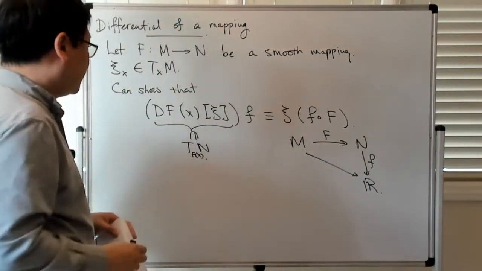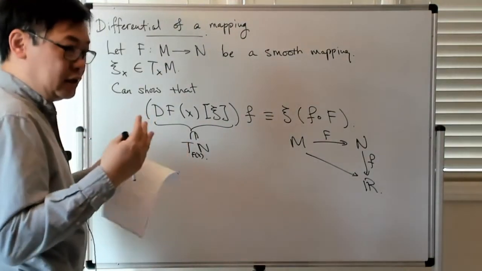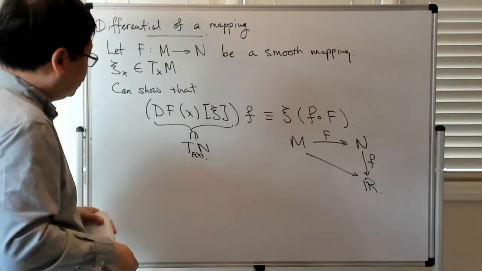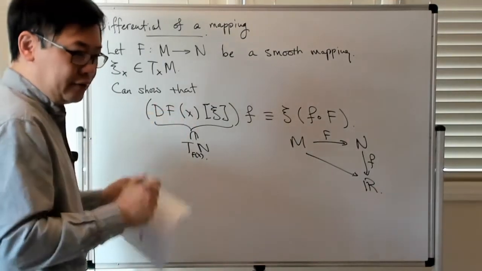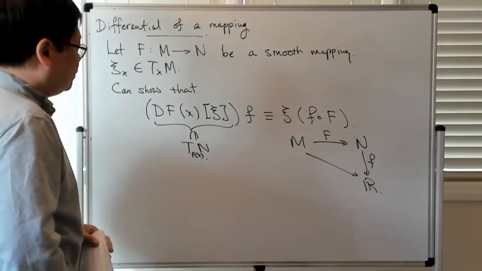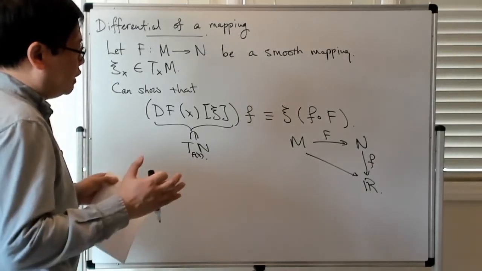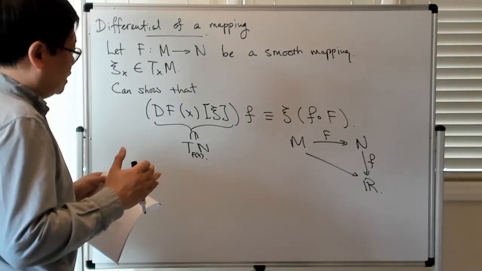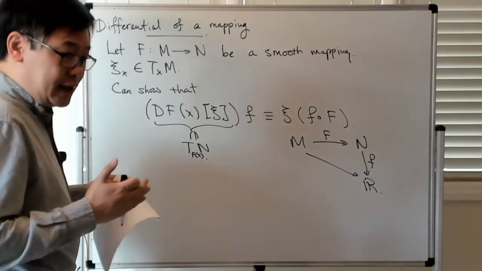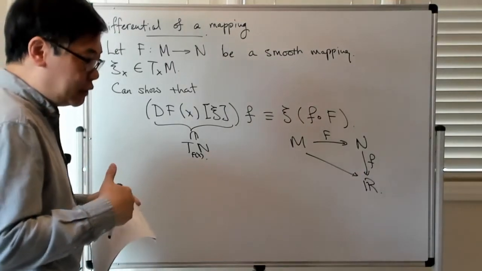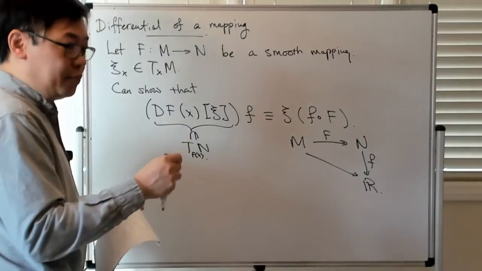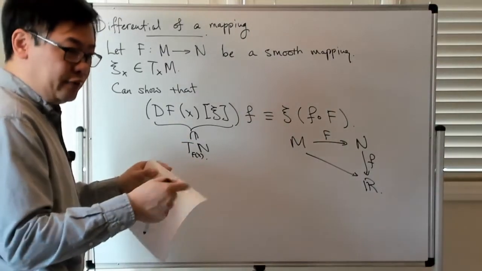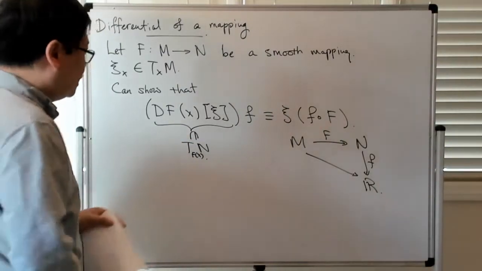This is when you think of tangent vectors via their actions on real valued functions in the neighborhood of the point. As we discussed before, you can also think about representing a tangent vector in terms of curves which go through that point, whose derivatives at that point all agree with each other.